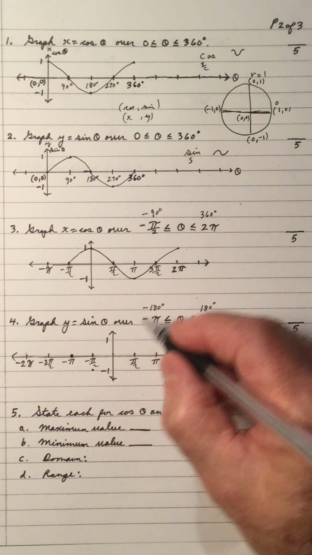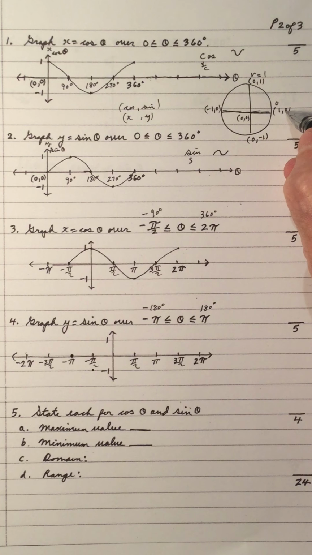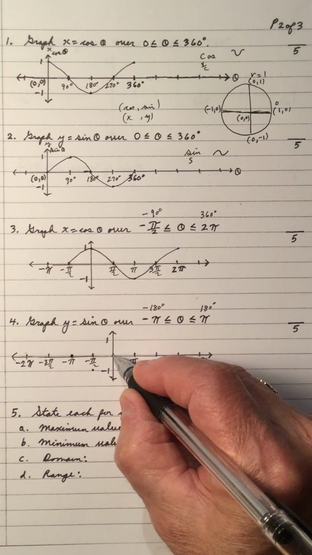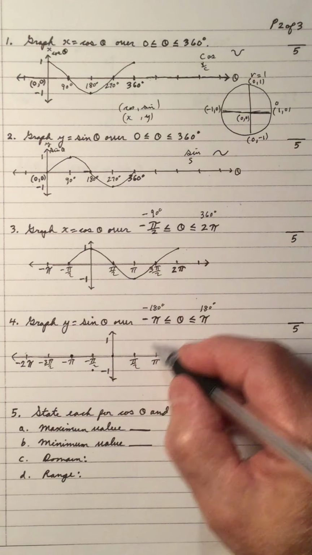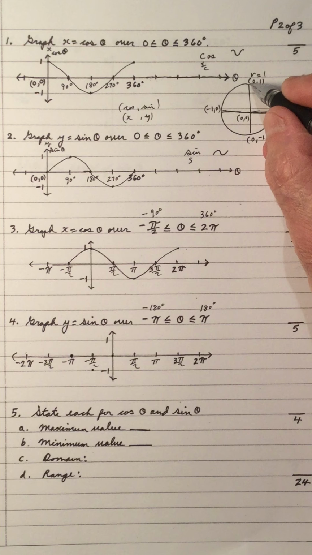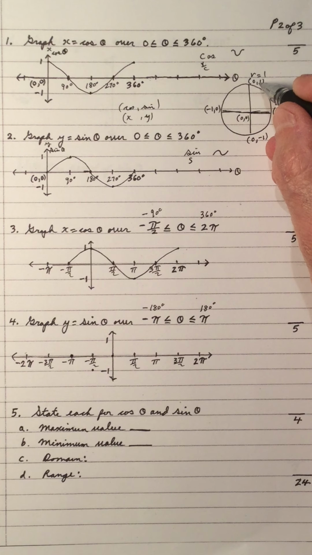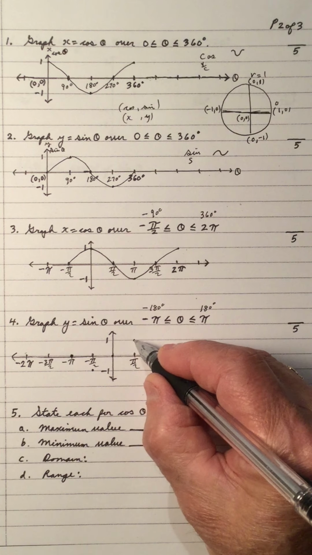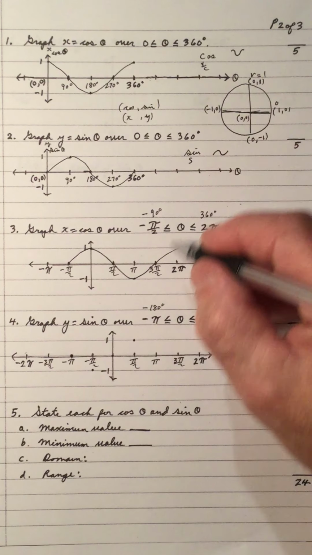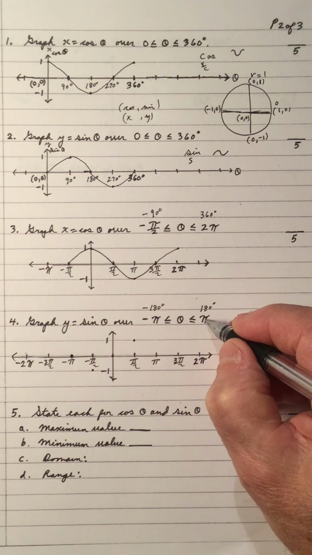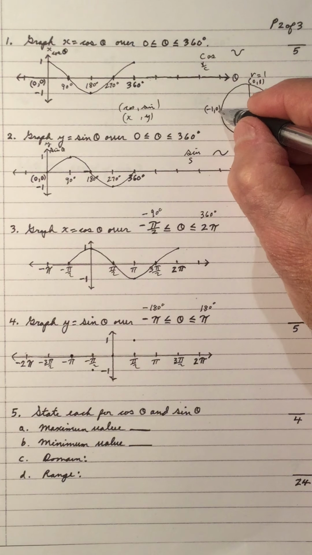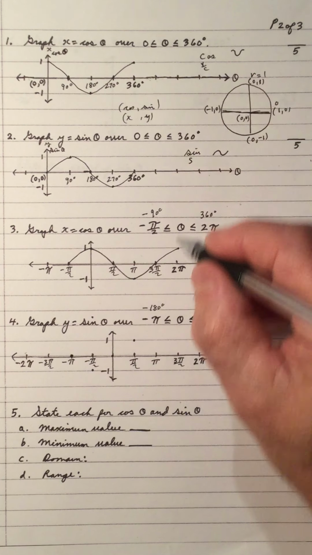And we're graphing at 0. 0 for y, 0 degrees, y is 0. And we're graphing at 90. 90 is up here, and the y is 1. 90 gives us 1. And we got to go as far as 180, which is pi. 180 gives us 0.